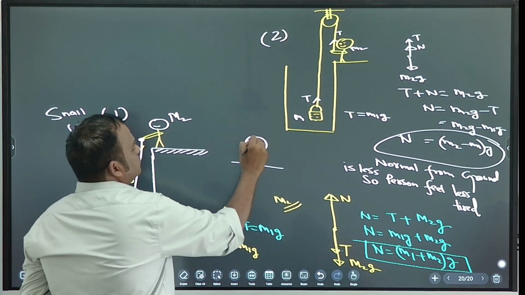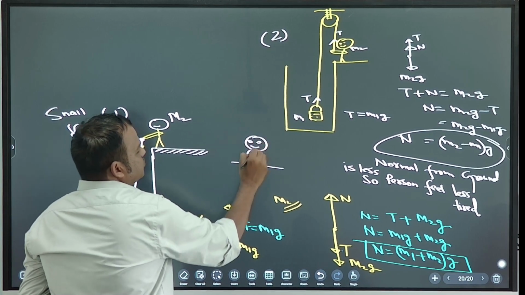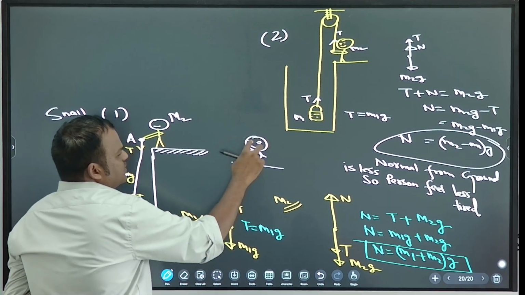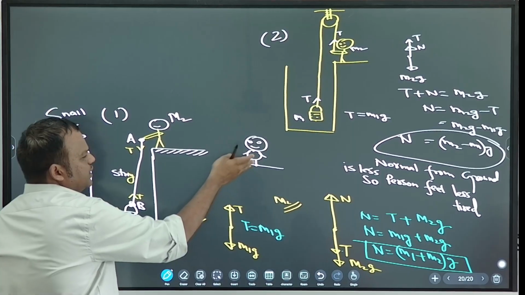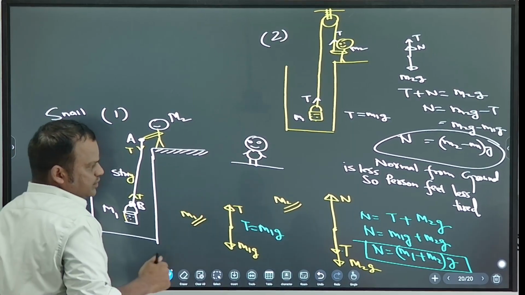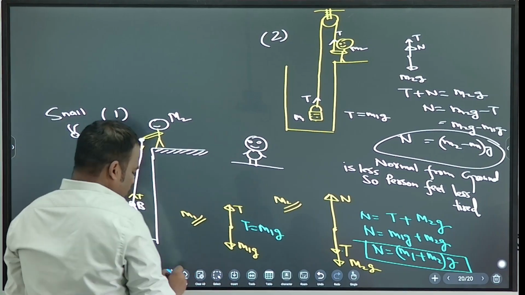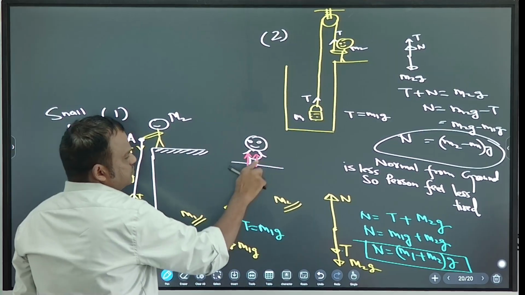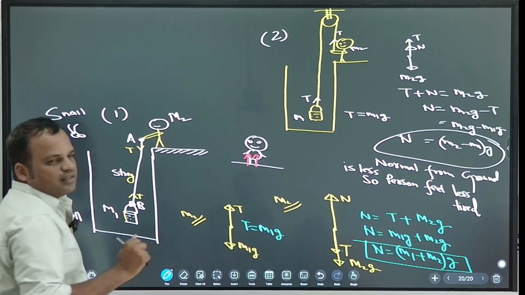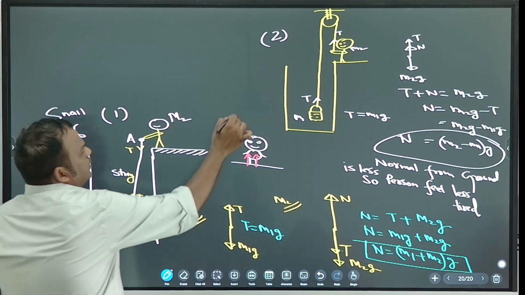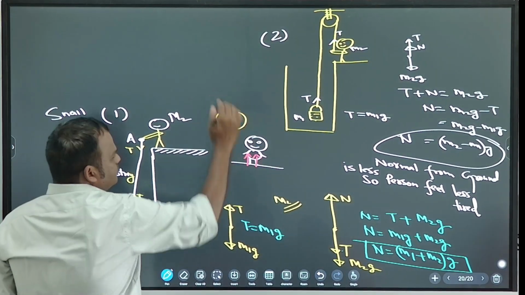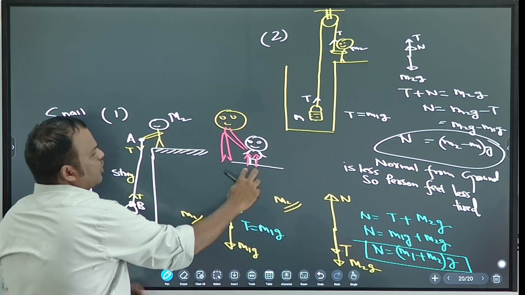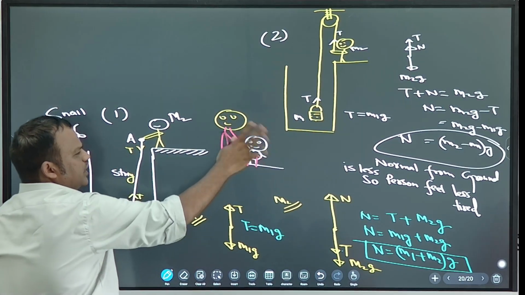Suppose there is a small kid standing. This kid will feel tired. Why? Because of the normal force. The ground is exerting normal force, right? That's why the kid experiences tiredness. Then a big person lifts the kid, and the normal force will be gone, so there will be no tiredness.